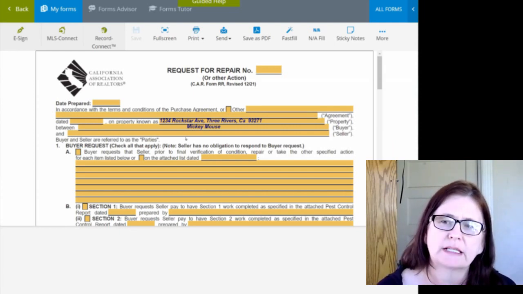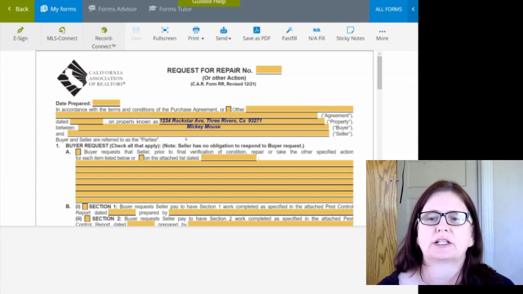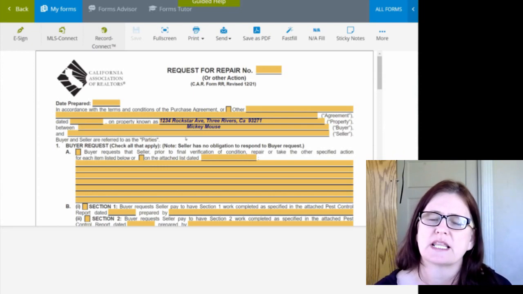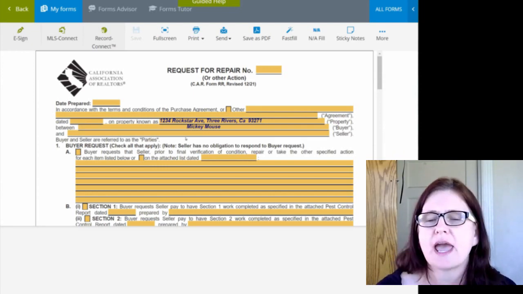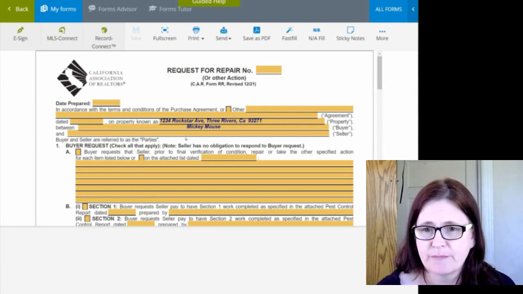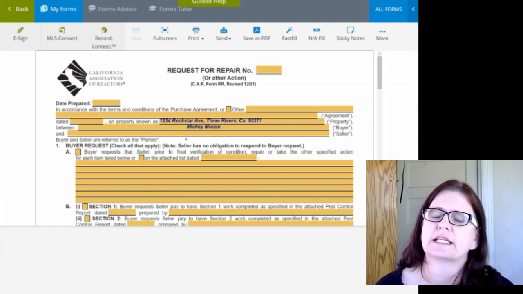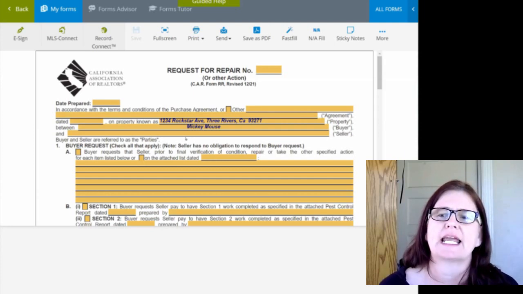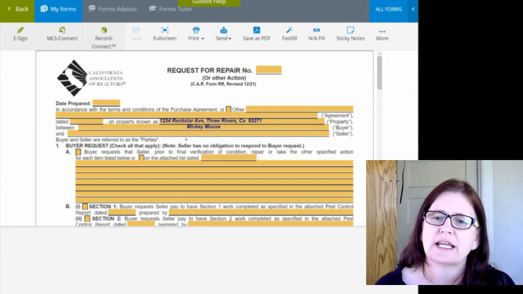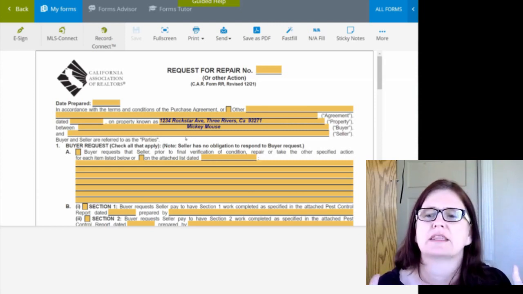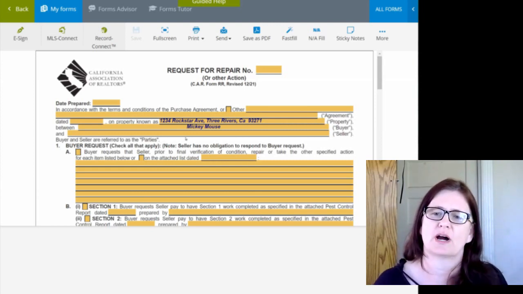I always tell my clients, both my buyers and my sellers, that when they see the inspection reports, they can be a little bit overwhelming and a little bit scary. They can be 30 or 40 pages long, and basically it's going through and highlighting everything that's wrong with the house. And it's easy to read those reports and think, oh my God, this is a money pit, the house is falling down, I don't want it.